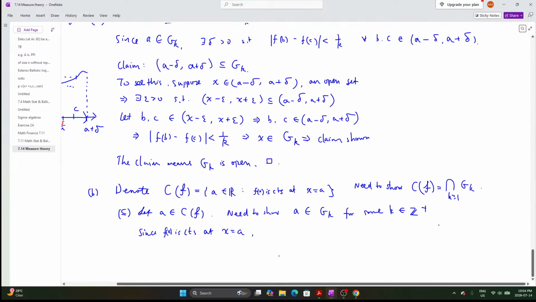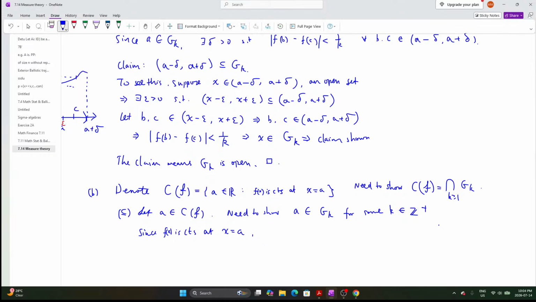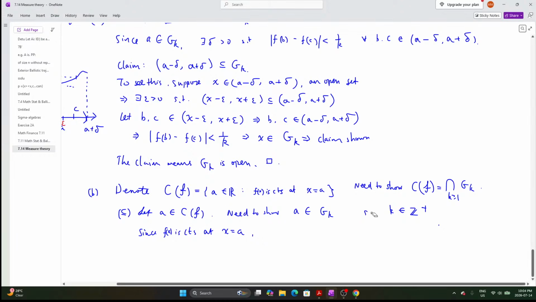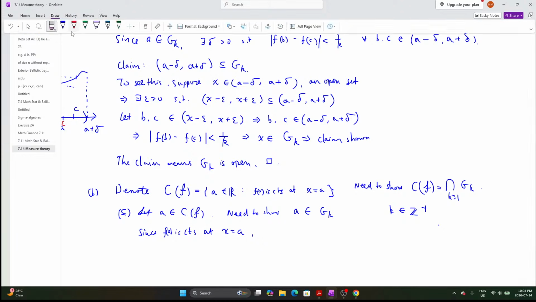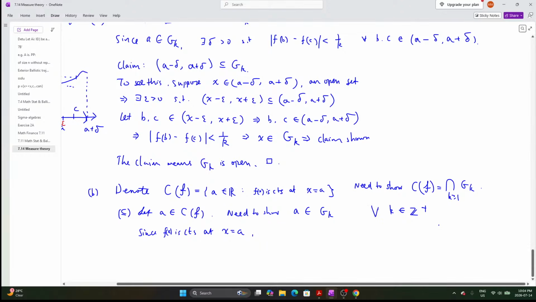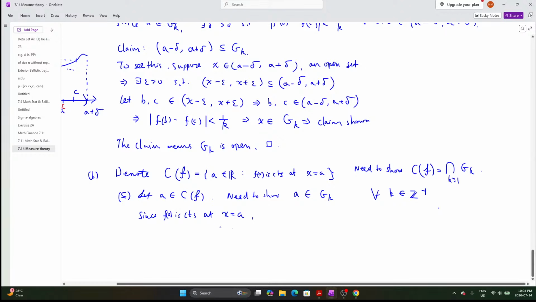Oh, actually, here I wrote need to show wrong, not for some. Intersection must be for all. Hang on, my bad. For all k in Z plus. Okay, so that changes things a little bit.